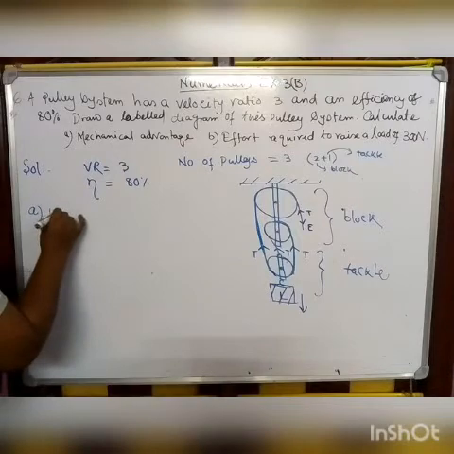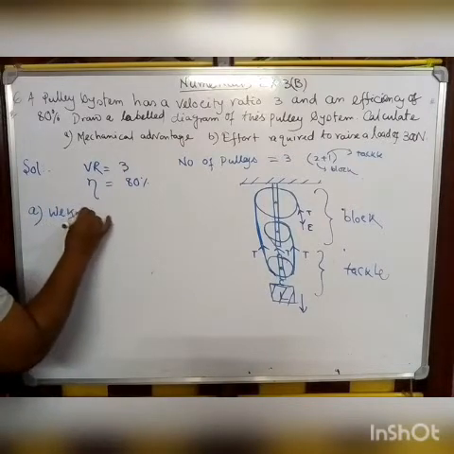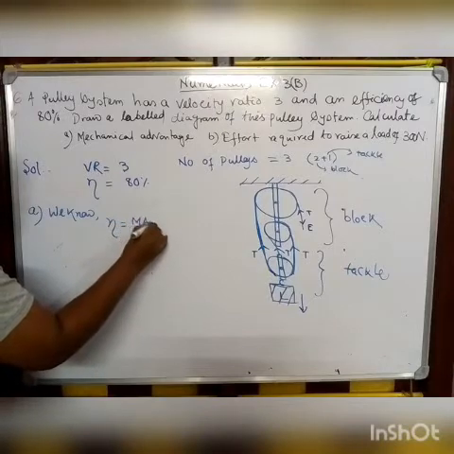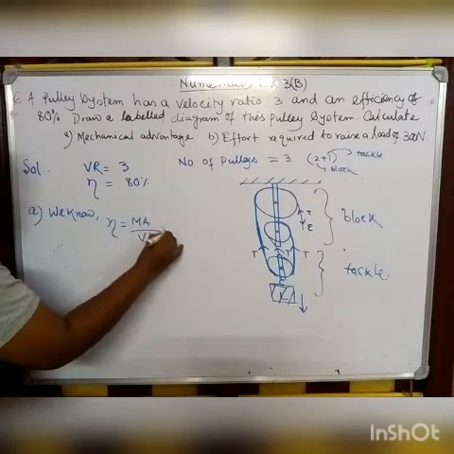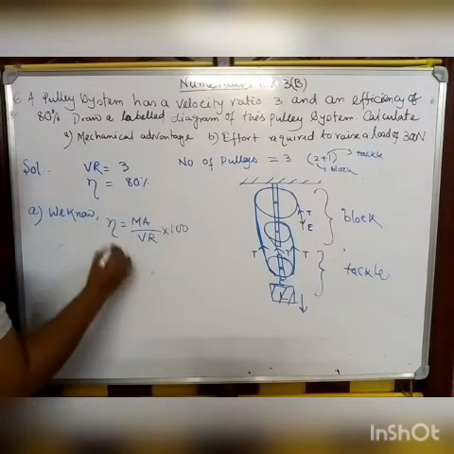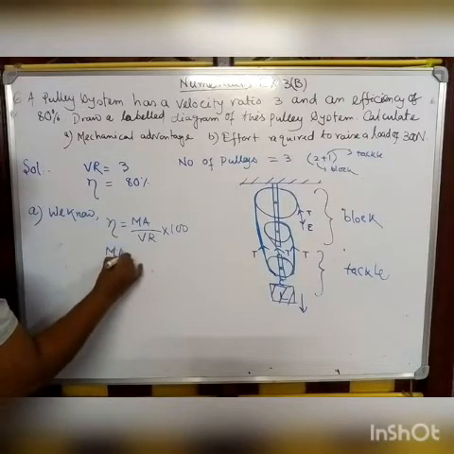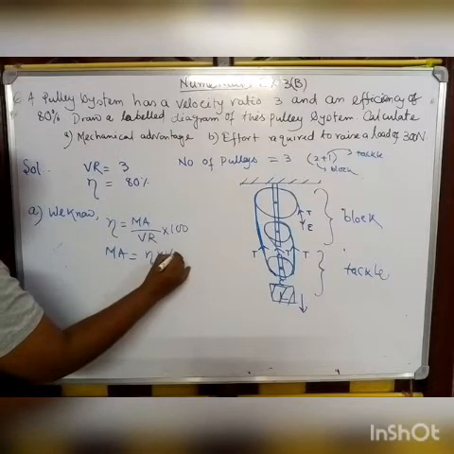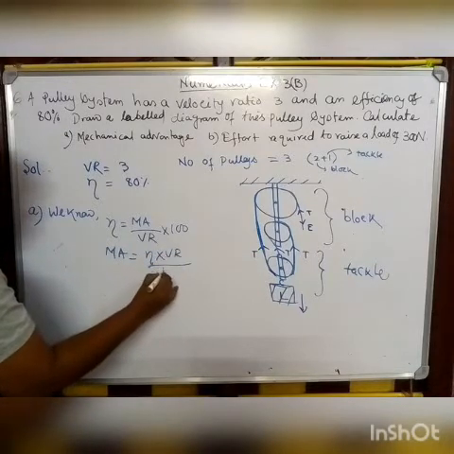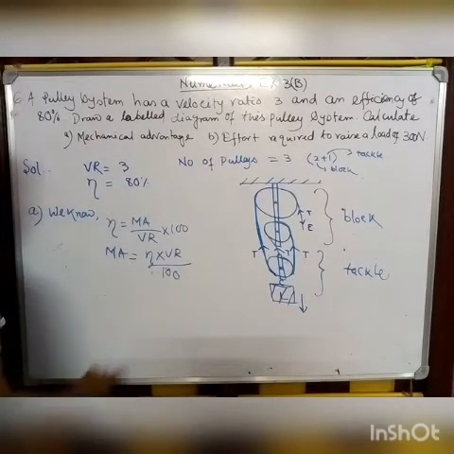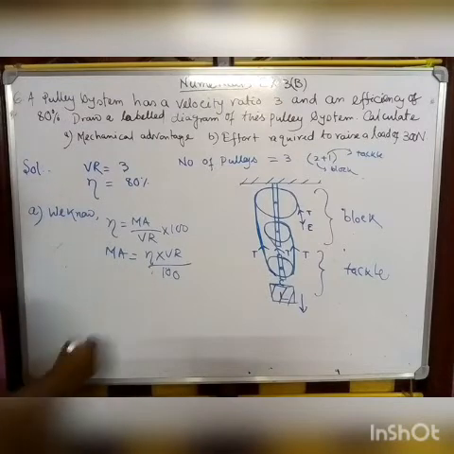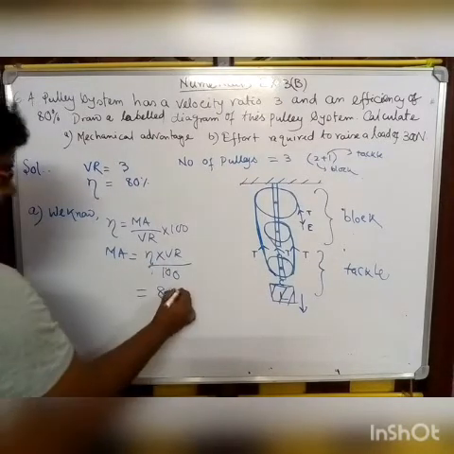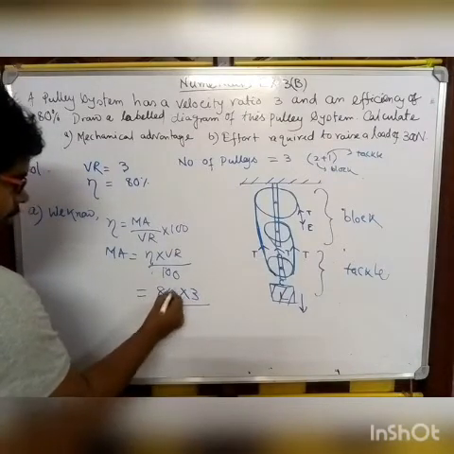We know that efficiency eta equals mechanical advantage by velocity ratio into 100. We have to find mechanical advantage, so mechanical advantage equals eta into VR by 100. What is the value of eta? It is 80. What is the value of VR? It is 3.